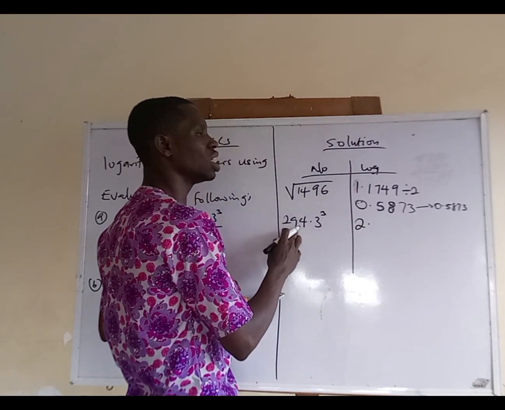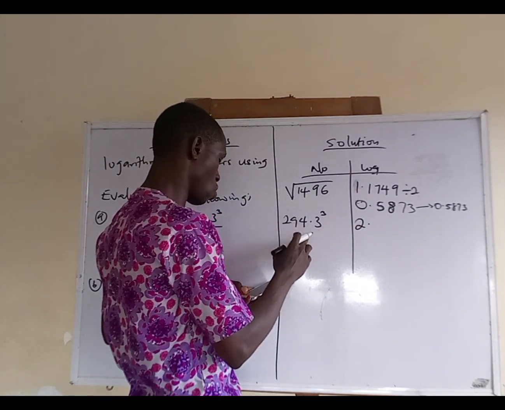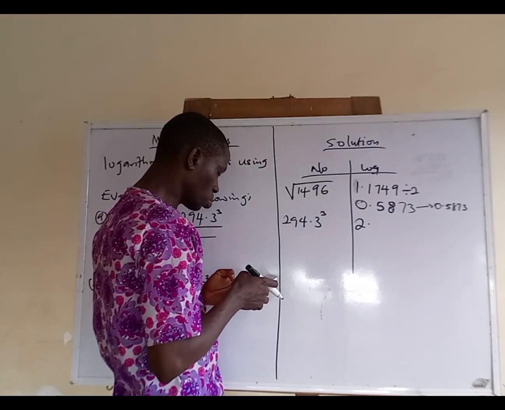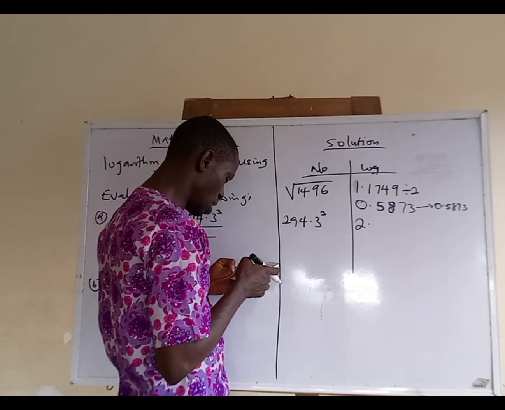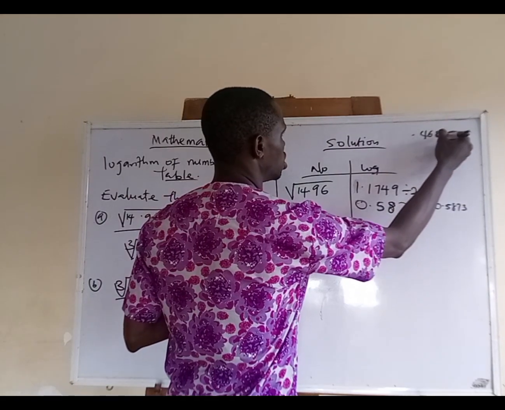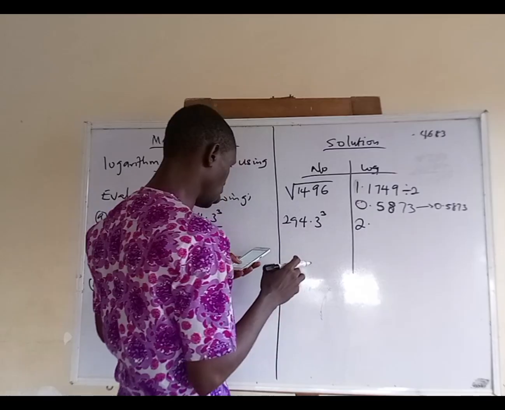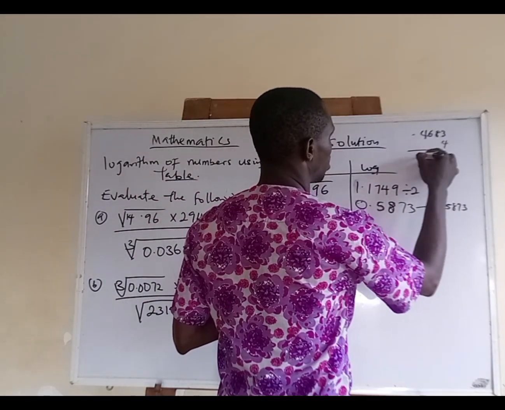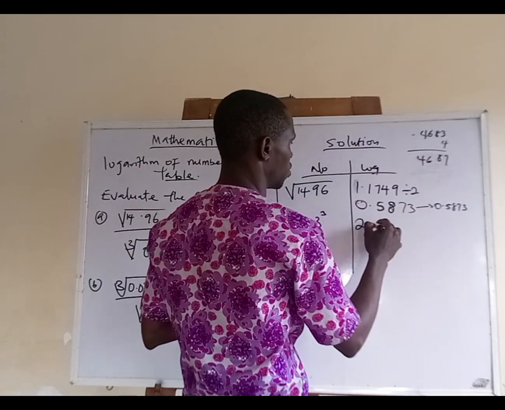Then you check 29 under 4. 29 under 4 is 4683. Then you look for the difference of 3. That's 4. So we are adding. We have 4687.